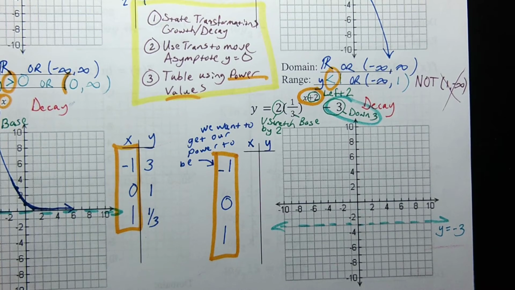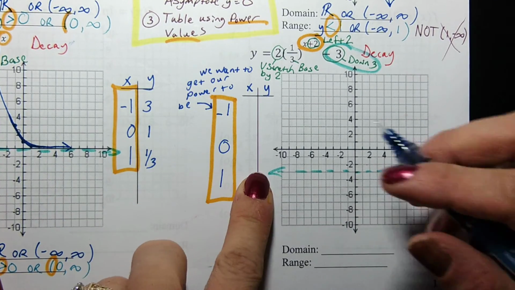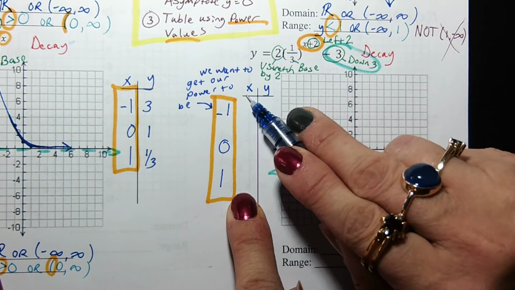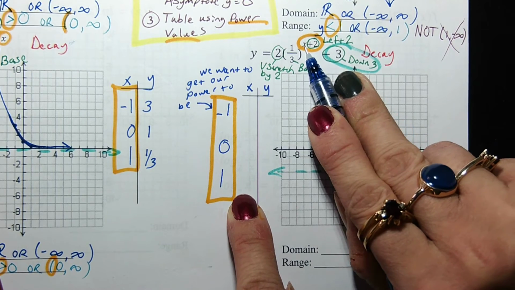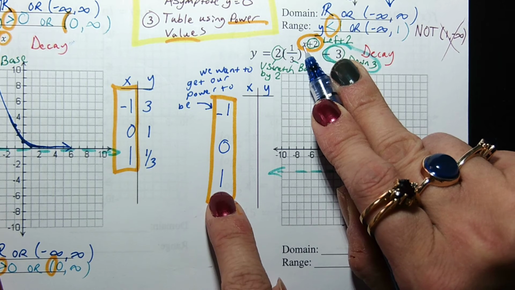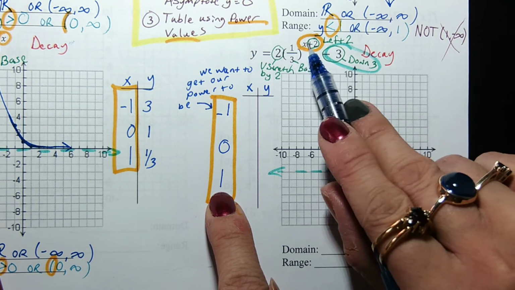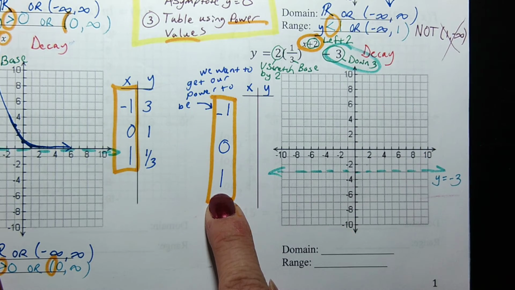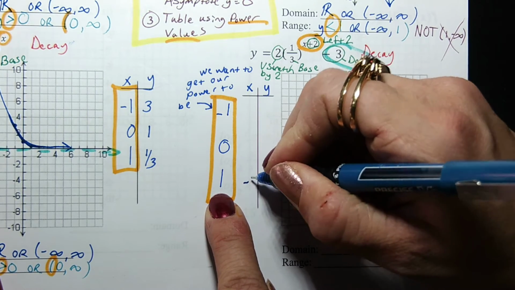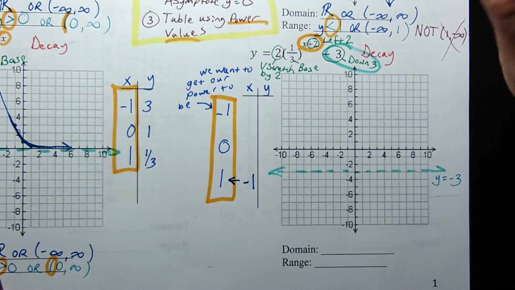Now, I normally don't like to start with the negative, I normally start with the positive and say, what could I plug in for x so that my whole exponent, x plus 2, would be equal to positive 1? What could I plug in for x so that x plus 2 is 1? Negative 1. So if I plug in negative 1 for x, I'm going to get that nice power value.